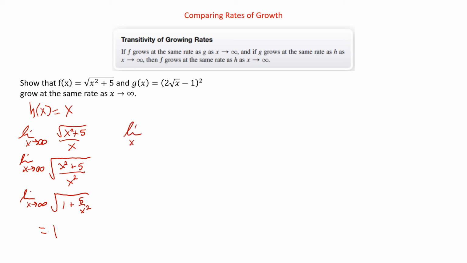Limit as x goes to infinity of 2 root x minus 1 squared over x. Same thing, we're going to want to bring it into that squared.